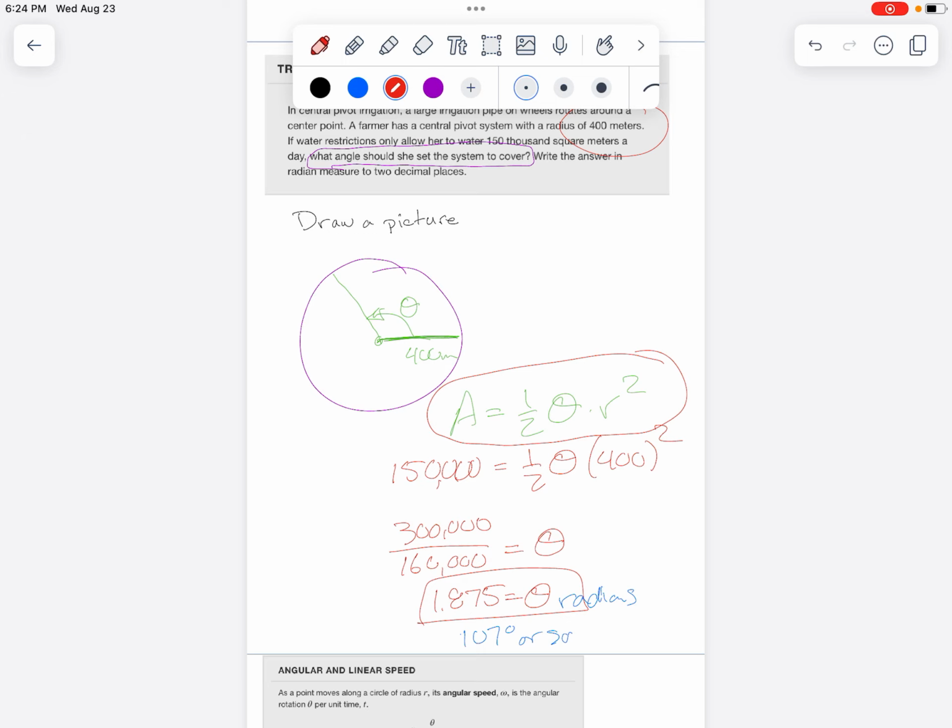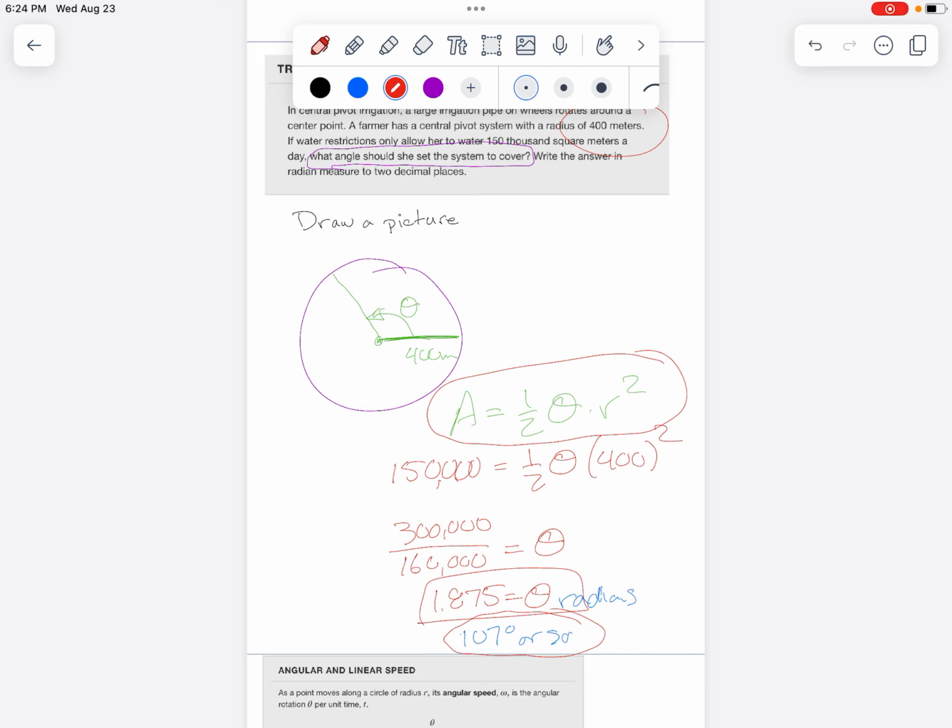And so we can just do that and solve, and we end up dividing by 400 squared, which is 160,000, and you get 1.875 radians, and it turns out if you change that to degrees, that's the same 107 degrees we had way back before.